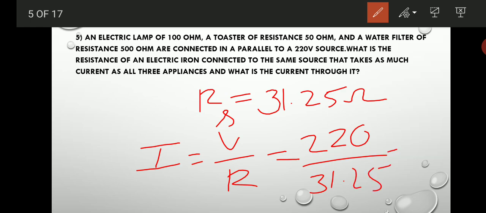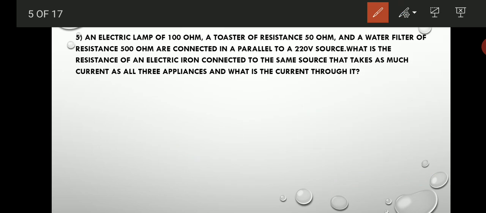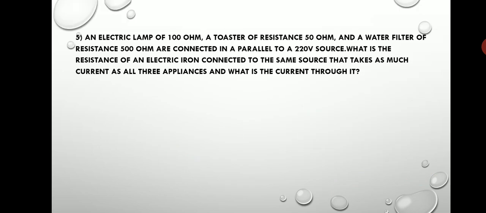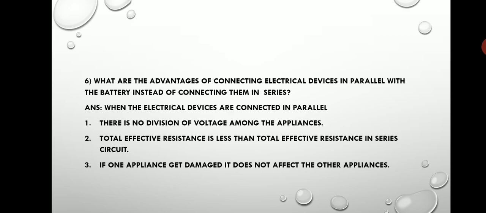When you simplify this, you will get around 7.04. What is the unit? Ampere. Is it clear? If you don't understand, put a pause and listen again. We'll move on to the next question.